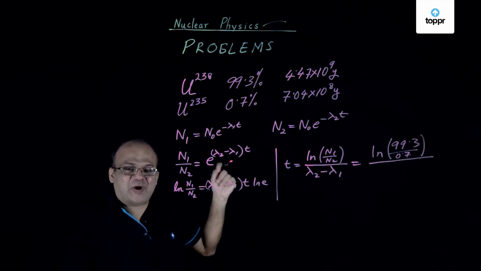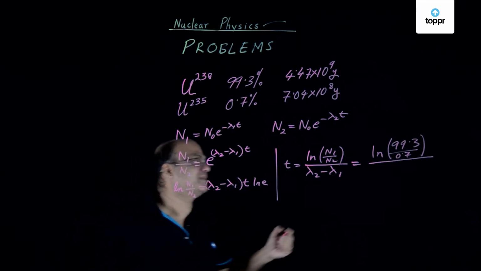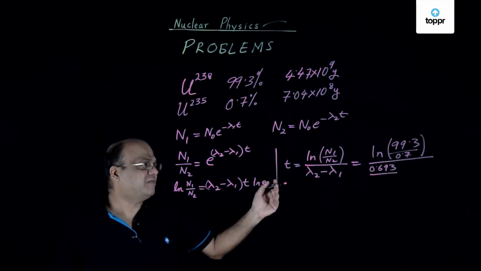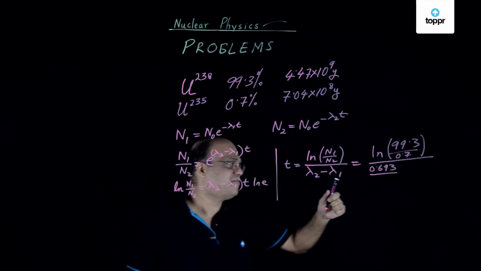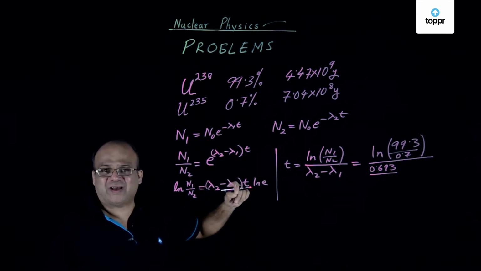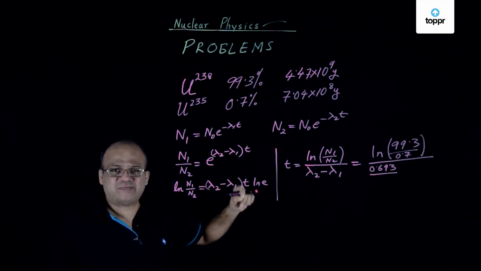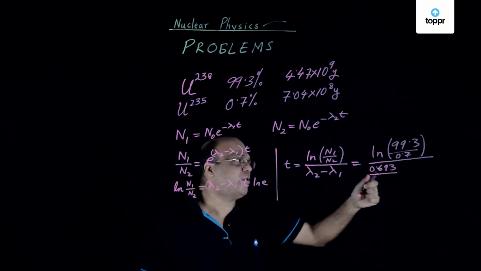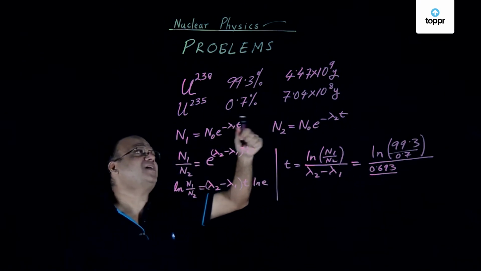So lambda will be 0.693 by T half. So lambda 2 will be 0.693 by T half here.